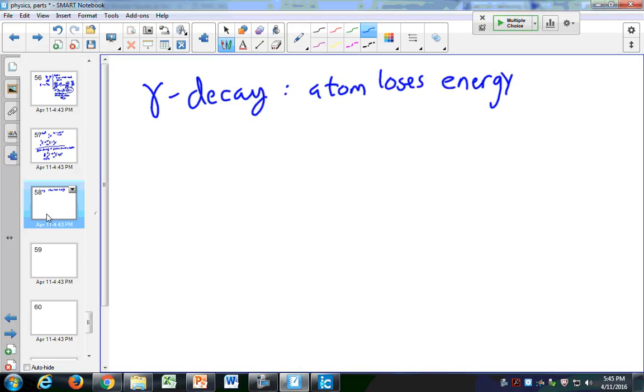So I have some particle, A, Z, in some excited state, and it loses a gamma ray. It still keeps the same mass, but it loses this excited state, and it emits this gamma ray, which is just a high energy photon. So the nucleus doesn't change structure at all.